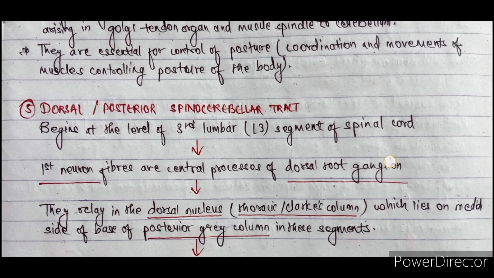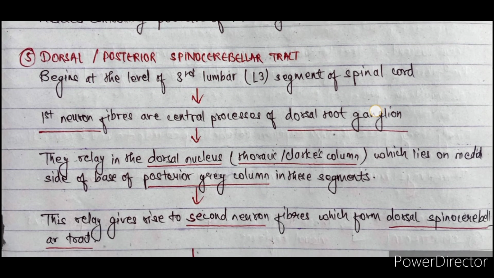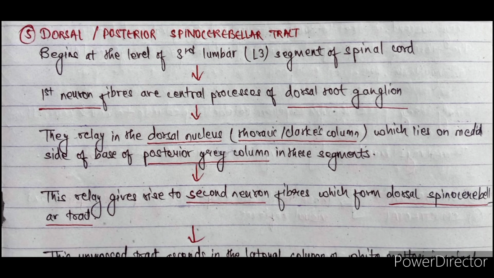Let us start with the 5th tract of the ascending tract, known as the dorsal or posterior spinocerebellar tract. It begins at the level of the 3rd lumbar segment of the spinal cord. The first neuron fibers are central processes of the dorsal root ganglion.